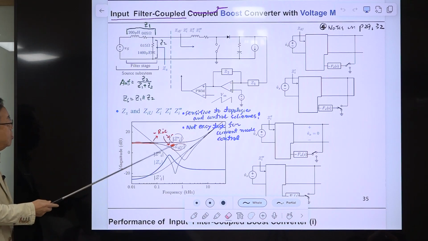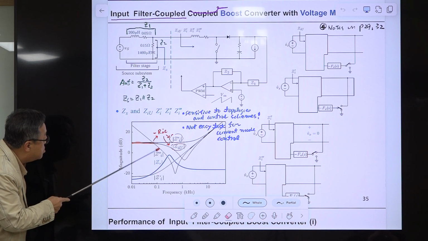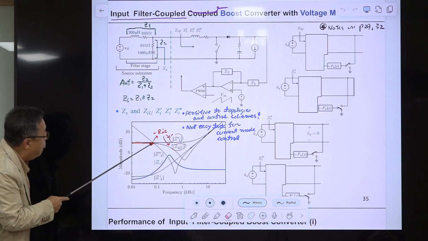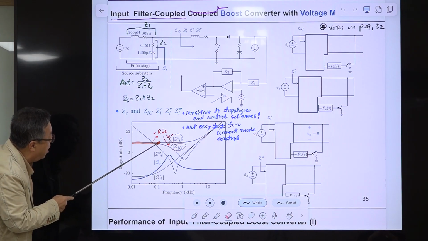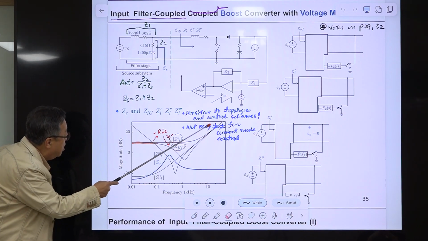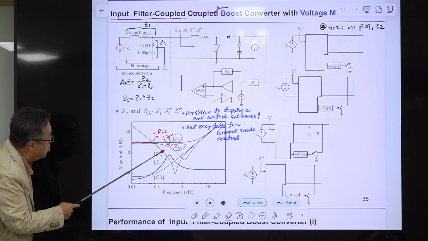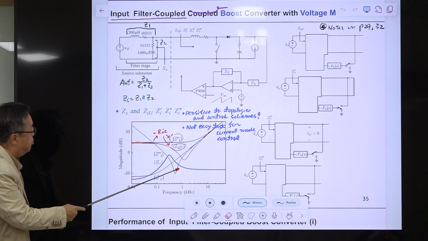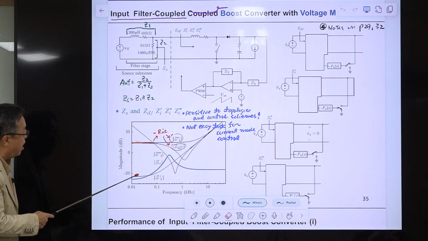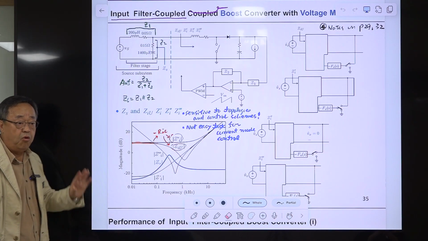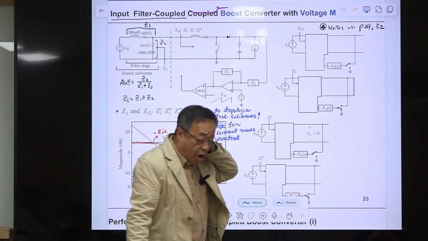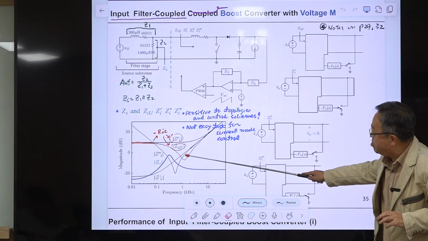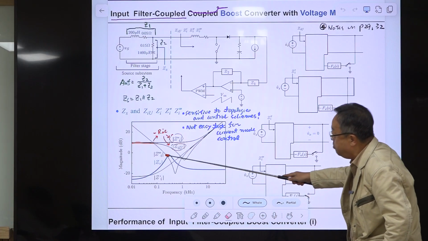Okay, so GIU is this one, output nullified input impedance GI double prime is this one, and this is GI triple prime. So this is the open loop input impedance, and GI prime is what? Open loop output-shorted input impedance of the converter. So we have these 4 impedance curves, and we have 1 source impedance curve.